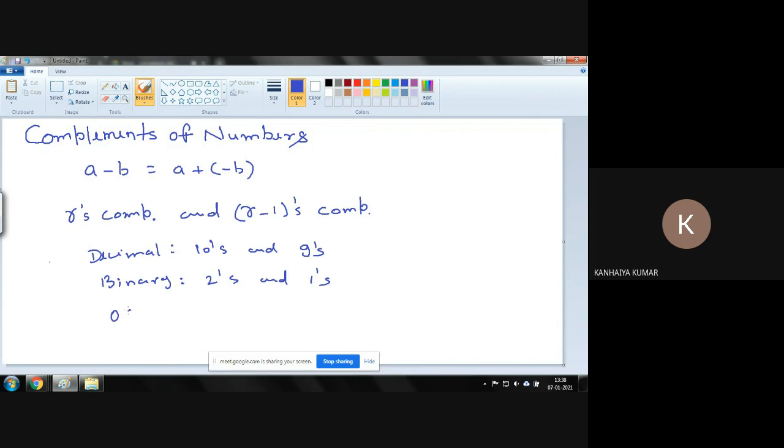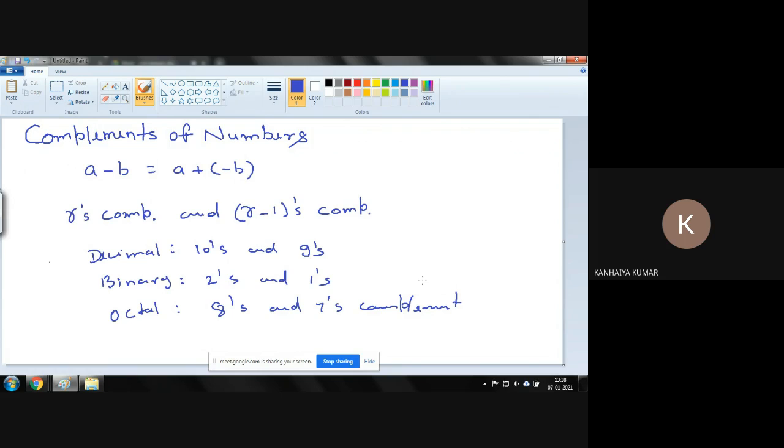When you have octal, you will find the eights and sevens complement, and so on for hexadecimal also. I hope you are getting the point. Now let's move on and find a particular complement and how we can find it. For binary it's too easy, but for decimal you know everything, but still you have to work on it.